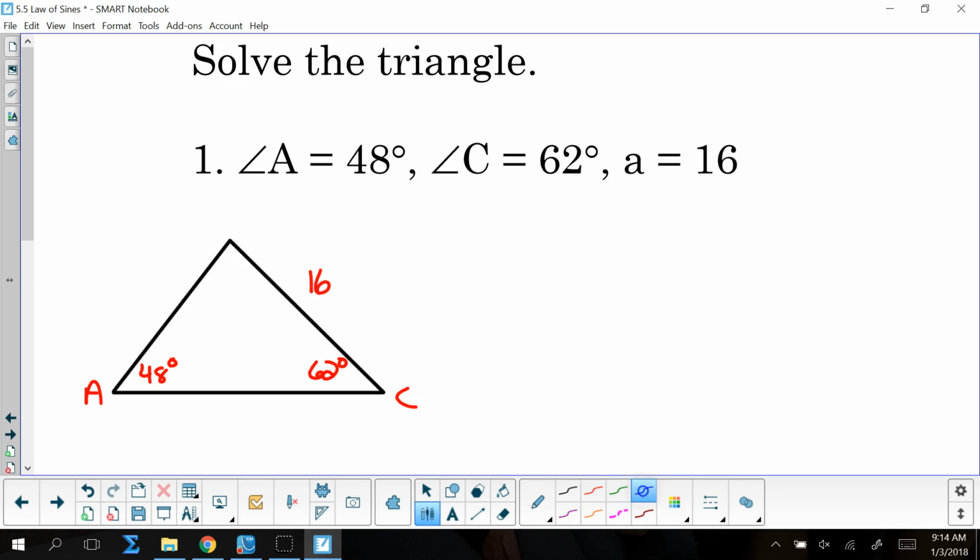Okay? That means we need to find angle B, side C, and side B. Those are the 3 things that we have to find. Okay? Which one do you want to find first?